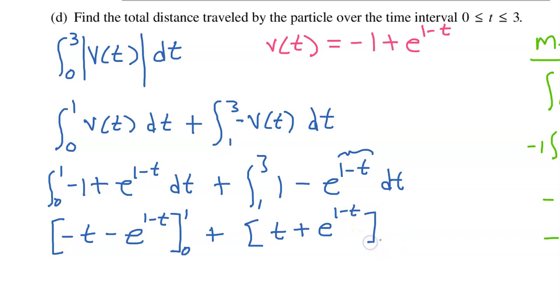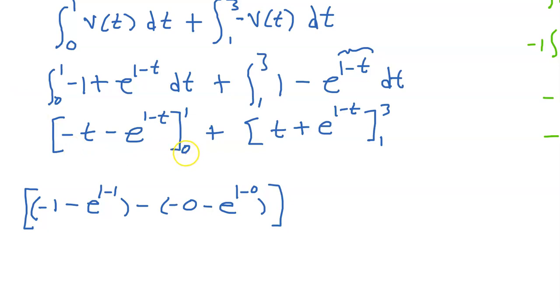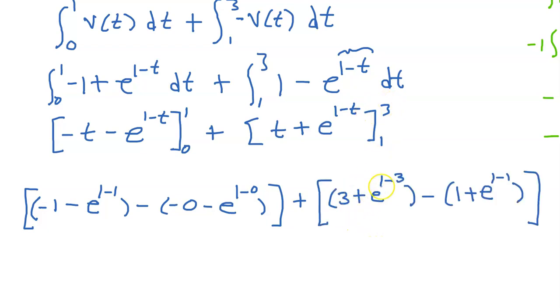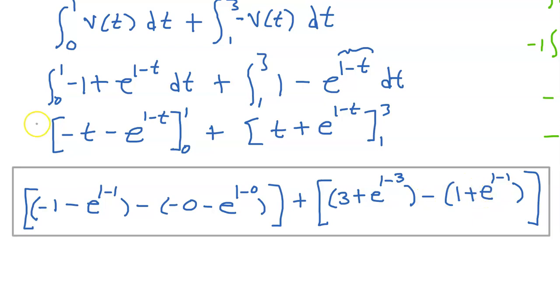And this is from 1 to 3. So evaluating from 0 to 1, I do the value at 1 minus the value at 0. Similarly, to evaluate from 1 to 3, I do the value at 3 minus the value at 1.